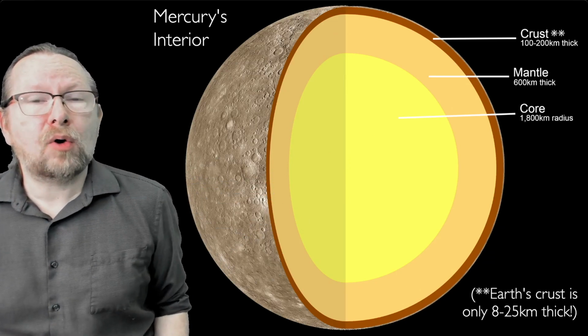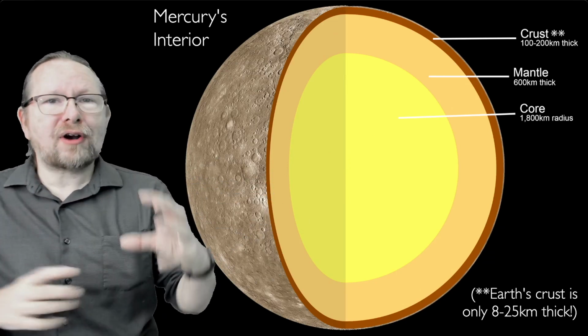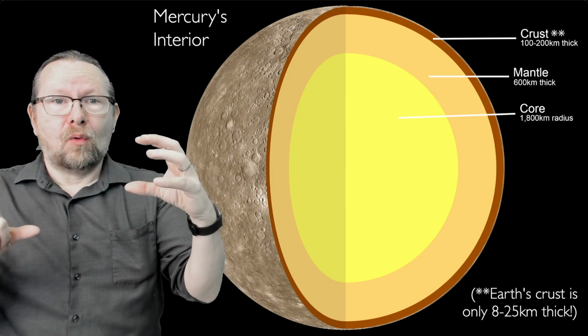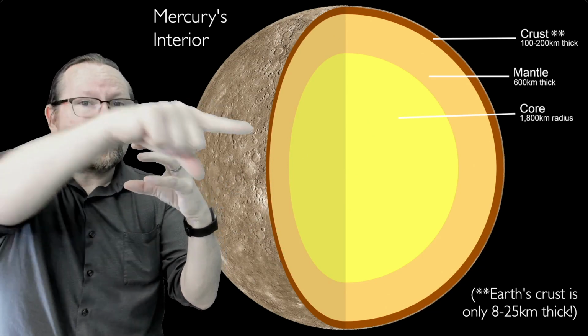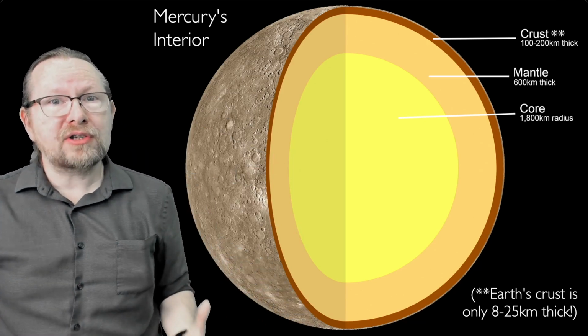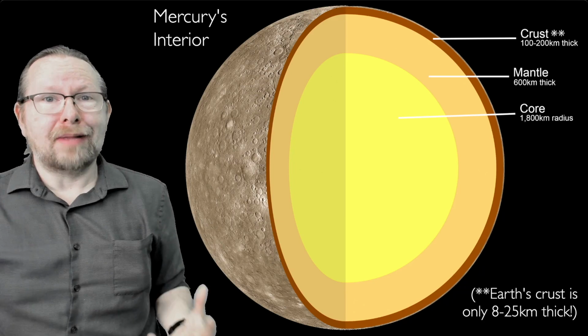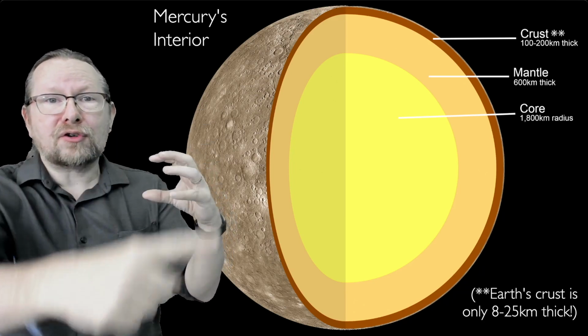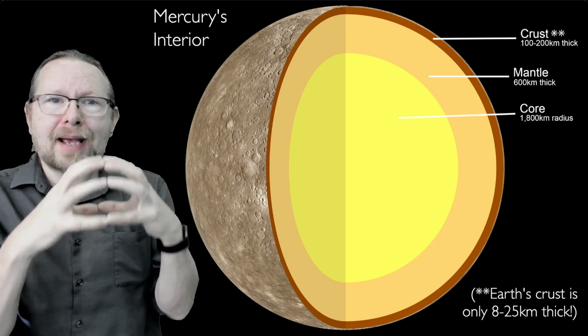Now, how do we know this? We have flown spacecraft past Mercury, right? From the gravitational pull that a spacecraft feels as it orbits Mercury, we know Mercury's mass, because mass is what causes gravity. So because we have orbited a spacecraft around Mercury, we know what its mass is.